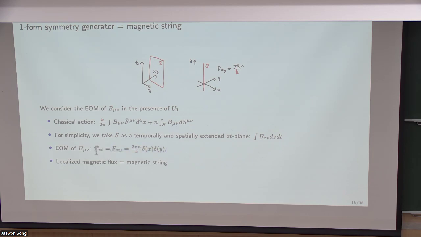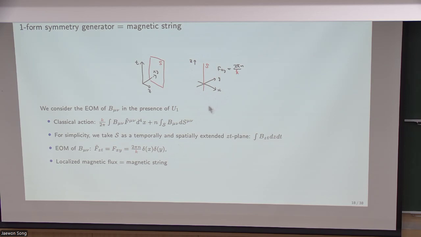So f tilde_zt is equal to f_xy, and this is equal to 2πn over k times delta functions. This configuration means that the magnetic flux along the z direction is localized on the xy plane.